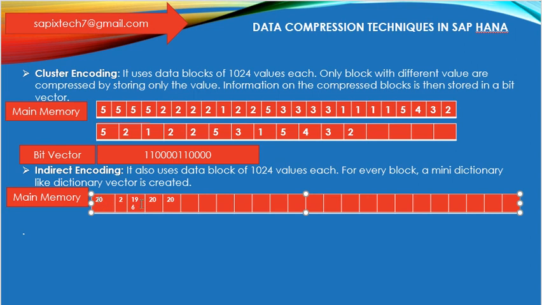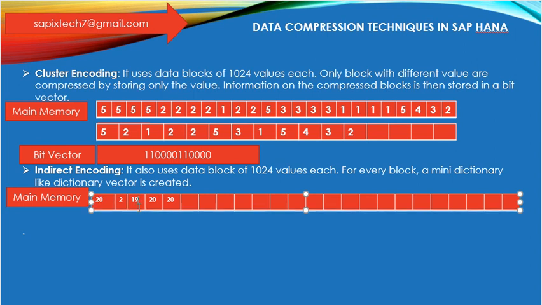Let me use two character values that will store easily. So 21 position, then again 2, then again 21, then again 20.